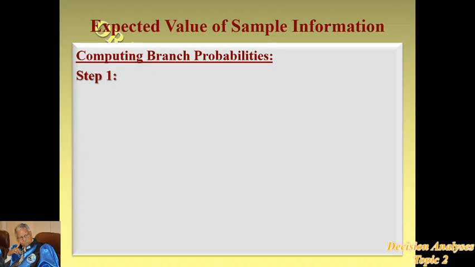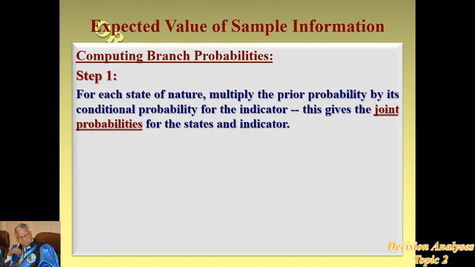We can compute the branch probabilities in several steps. Step number 1, for each state of nature, multiply the probability by its conditional probability for the indicator. This will give us the joint probabilities for the state and indicator.